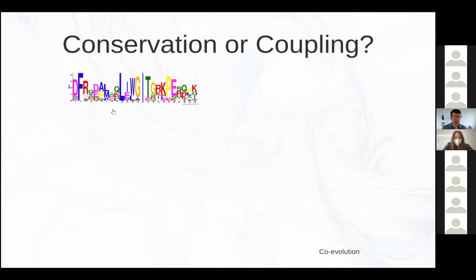But what about position 9 or position 8? At position 8 there are a lot of letters that don't add up very high, because it's hard to understand what's happening at that position. If I get a mutation there, is that going to be bad or not? From this plot, we don't know. But that's what coupling is going to help us evaluate.